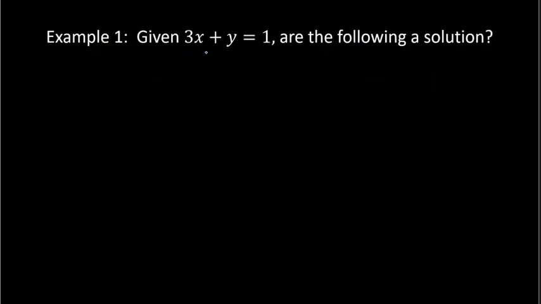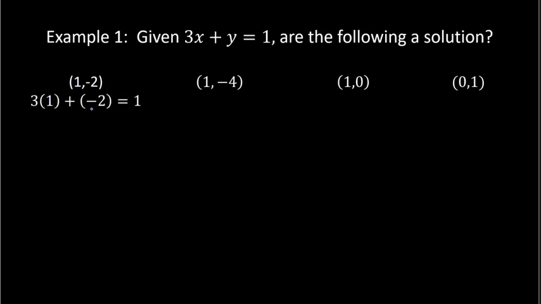So looking at the example where 3x plus y equals 1, we are to determine if these different ordered pairs are a solution to the equation. To determine that, I plug these numbers in for x and y. So instead of 3 times x plus y, for the first ordered pair, we would have 3 times 1 plus negative 2, and that's equal to 1.